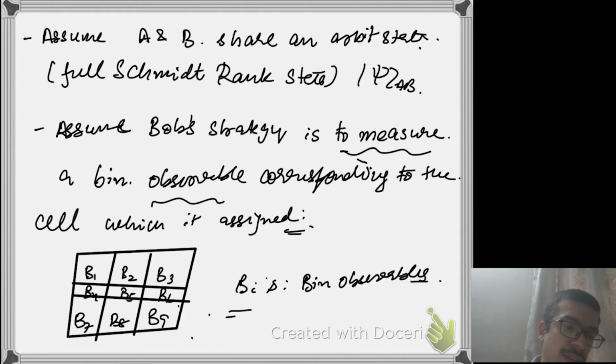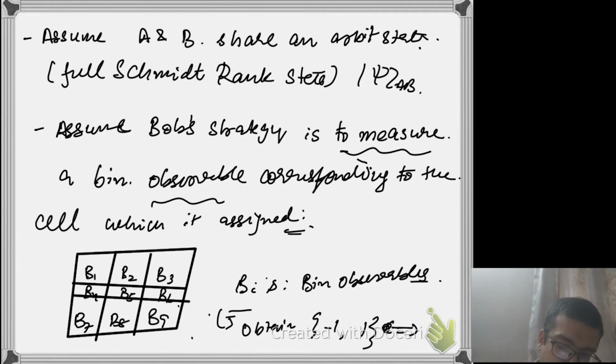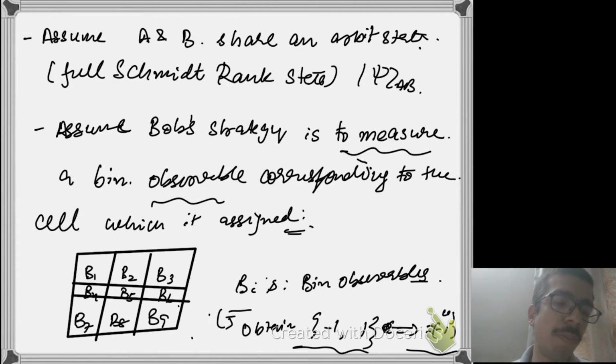So when Bob measures these observables on a state, he obtains plus or minus 1, and this output I am going to interpret as minus 1 to the power V_j. So there is a variable value which Bob needs to output, which is 0 or 1, but here we are assuming that Bob outputs in the form of minus 1 or 1. We have seen this multiple times, that these are equivalent ways to output a binary value, either in the form 0, 1 or in the form plus minus 1. When it's in the form plus minus 1, we assume that it's minus 1 to the power of the binary value.